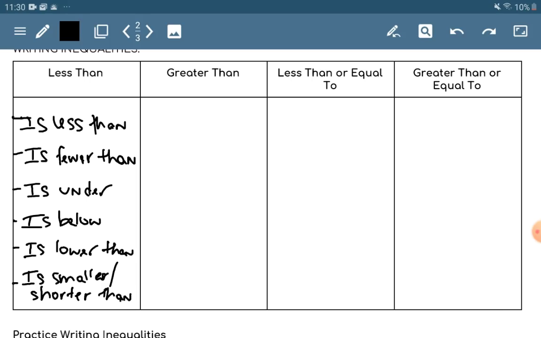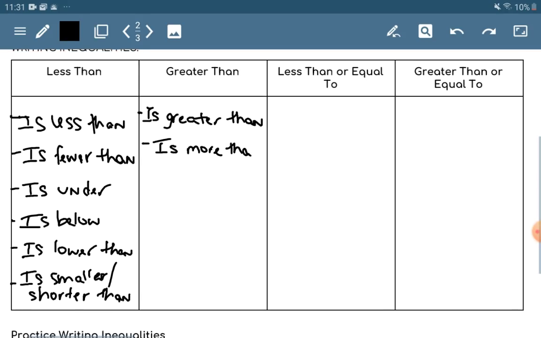All right, so moving on to greater than. Again, we have roughly the same amount, so make sure you leave your space to write. We have is greater than. Is more than. Is larger than.